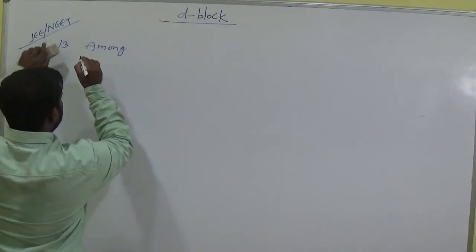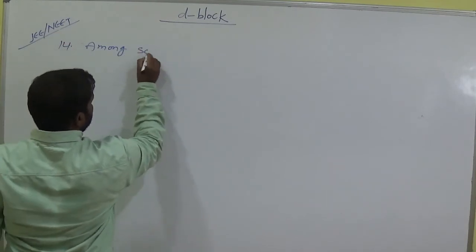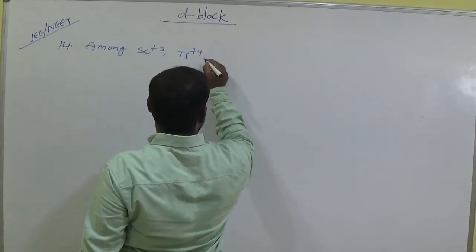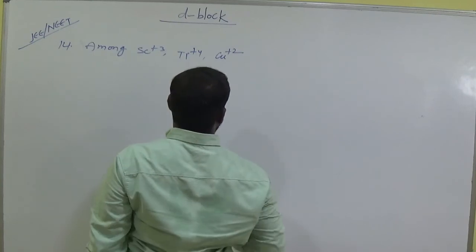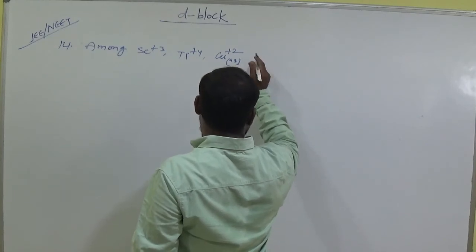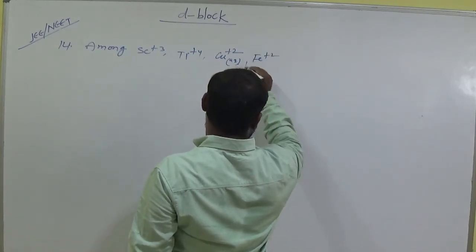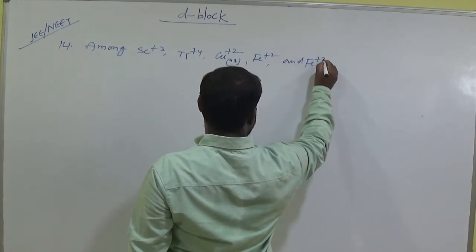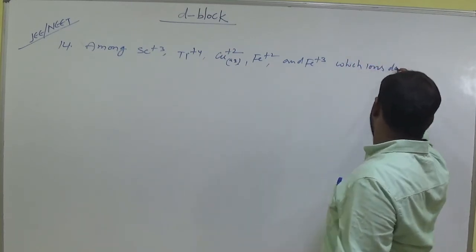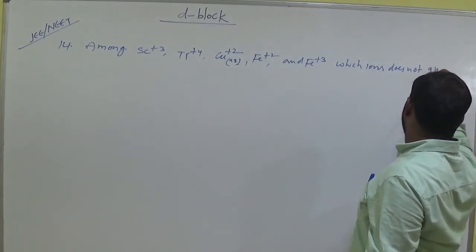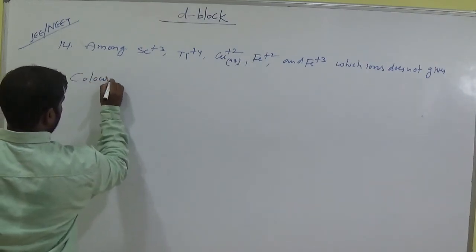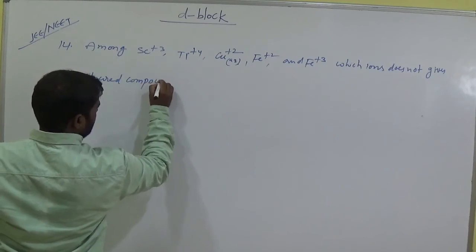Next, among scandium plus 3, titanium plus 4, Cu plus 2 aqueous, Fe plus 2 and Fe plus 3, which ions do not give colored compounds?